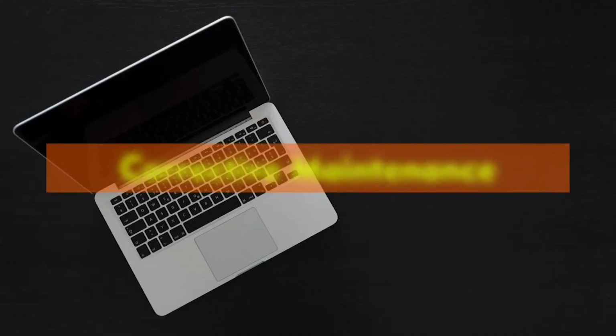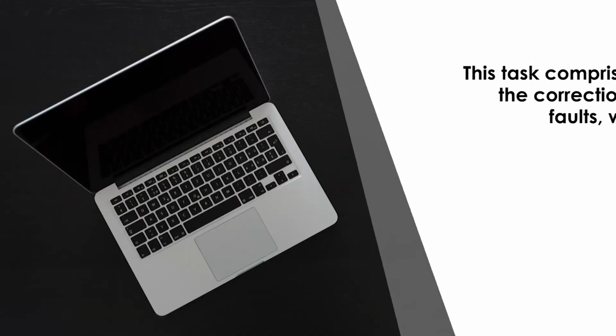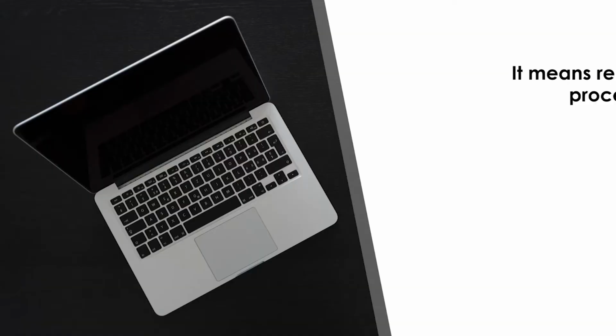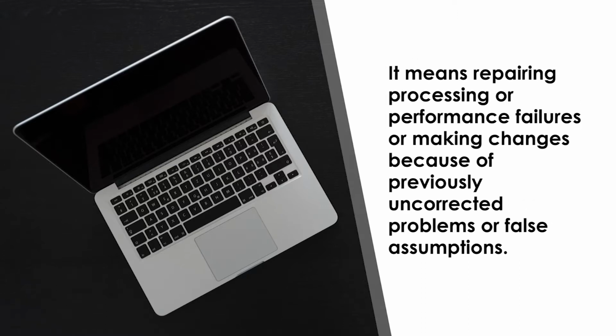Let us talk about corrective maintenance. This task comprises the correction of faults which can be classified as design errors, logic errors, or coding errors. So this is the main aspect on which corrective maintenance focuses. It means repairing processing or performance failures or making changes because of previously uncorrected problems or false assumptions.